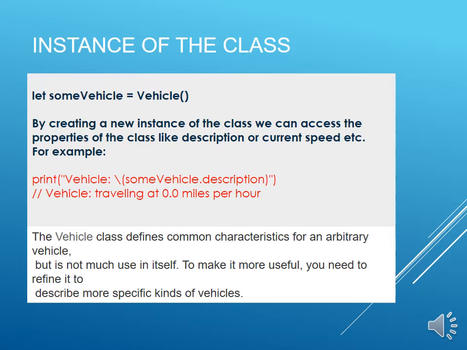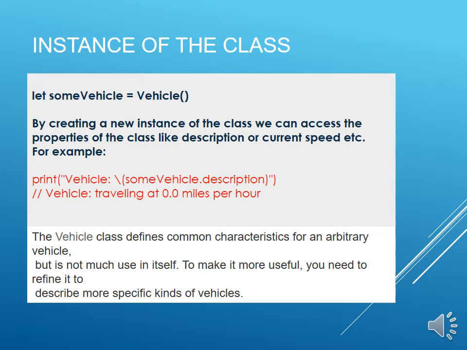Like this, we will write let someVehicle equals Vehicle. So here an object of the class Vehicle is being created. By creating a new instance of the class, we can access the properties of the class, like description or currentSpeed, or the functions of the class.